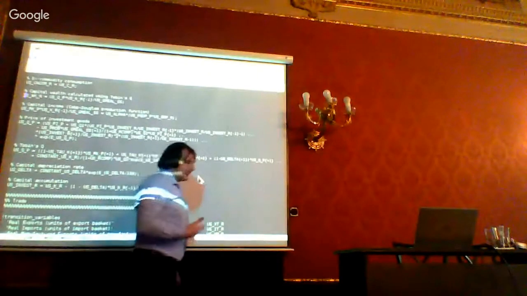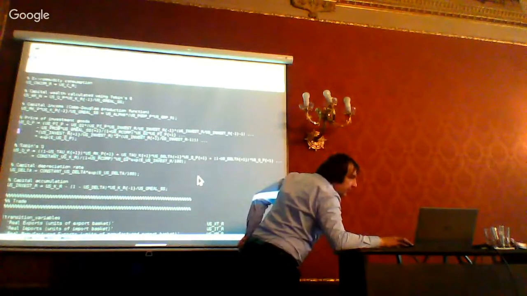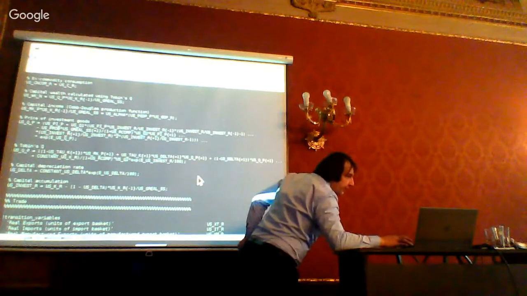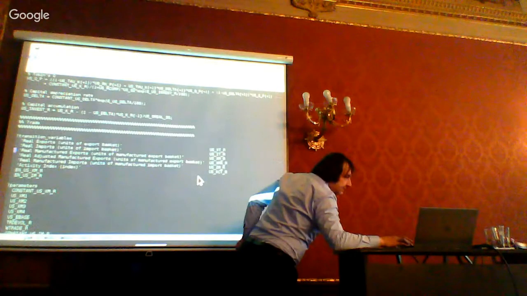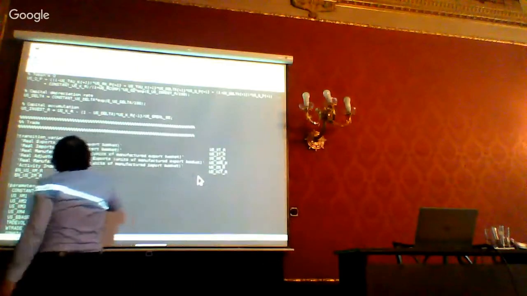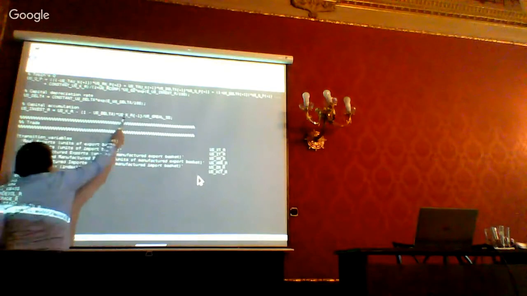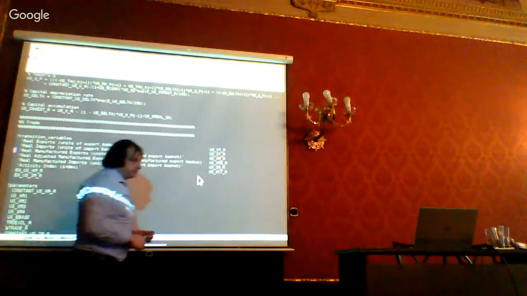So the equations are very similar conceptually. It's the same, so if you understood the algebra before, you should be able to map it out to these equations. Here is the capital accumulation equation saying that the investment is capital minus 1 minus delta capital before.